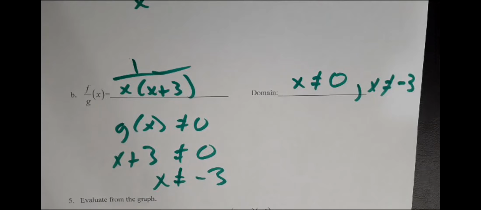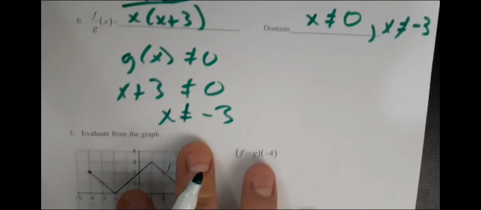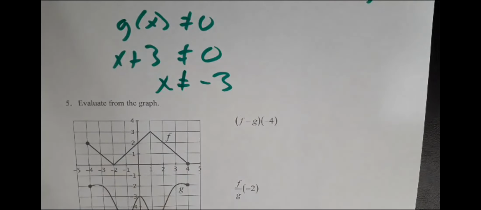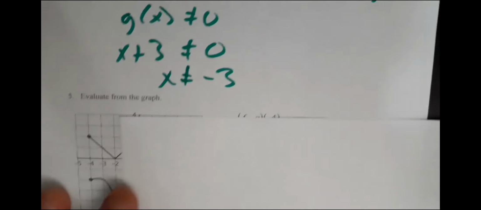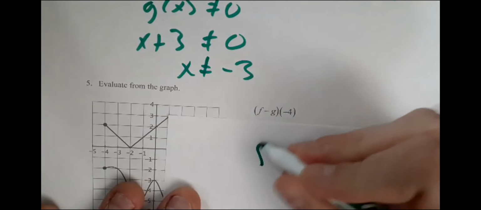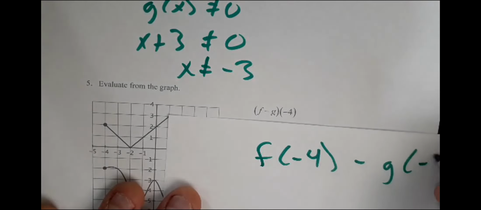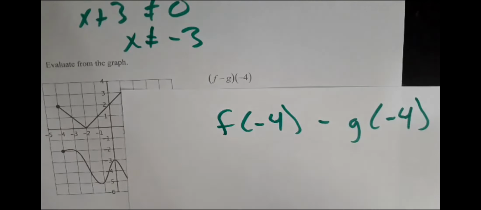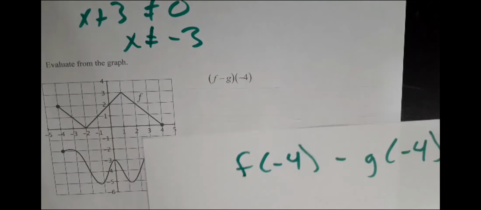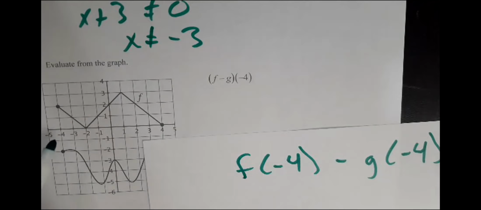Okay, and now we want to evaluate things from a graph. So again, if they give us the shorthand notation, we want to write out the definition of f minus g at minus 4. So I want to look at minus 4, and my x, I want to go to my f value.